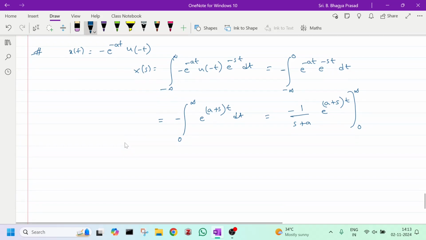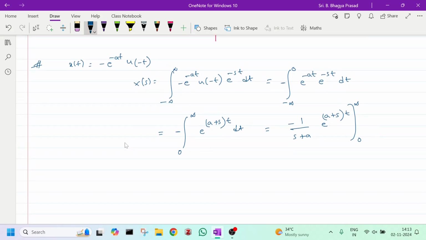Here you have to make an observation that while substituting infinity, you will get a value of infinity, but while substituting 0, you will get a value of 1 by s plus a. Let me write this: e power (a plus s) into infinity by s plus a, and minus minus plus, e power (a plus s) into 0 by s plus a.